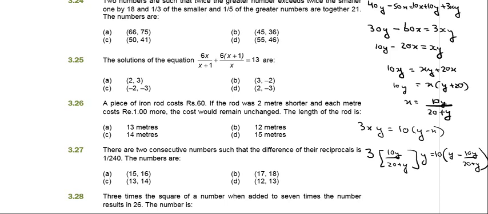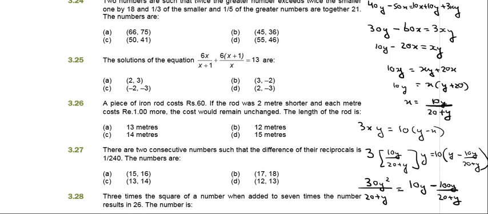And now we can solve it. If we multiply it, we will have 30y square over 20 plus y is equal to 10y minus 100y over 20 plus y.